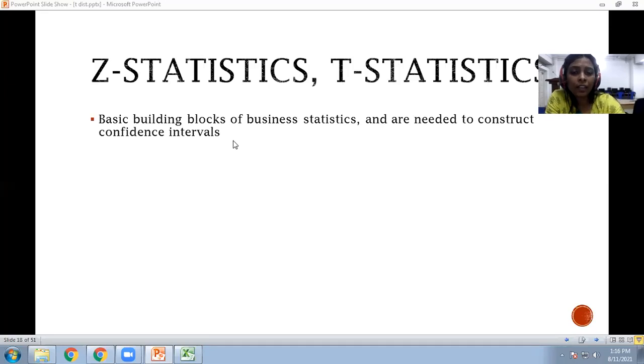So for that, again, we will go back to Z statistics and T statistics. These are the two building blocks of statistics, whether you do hypothesis testing or any other testing.